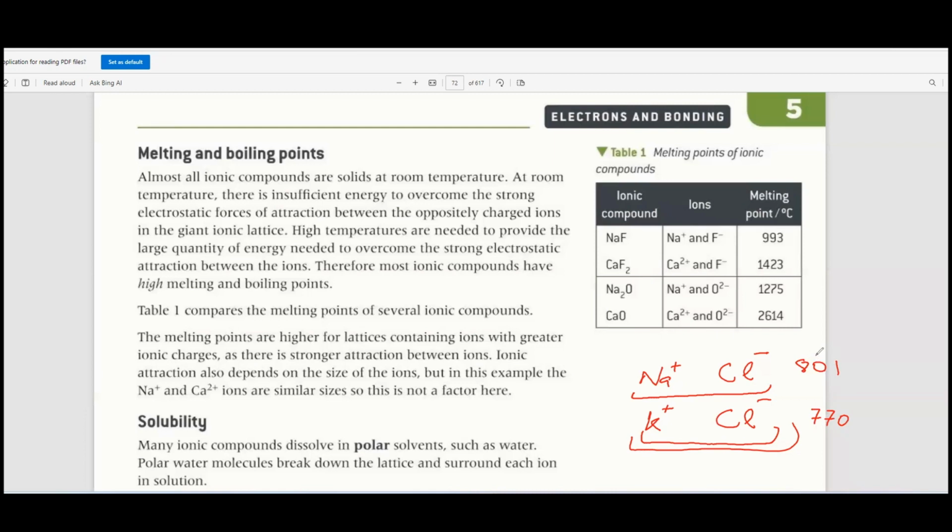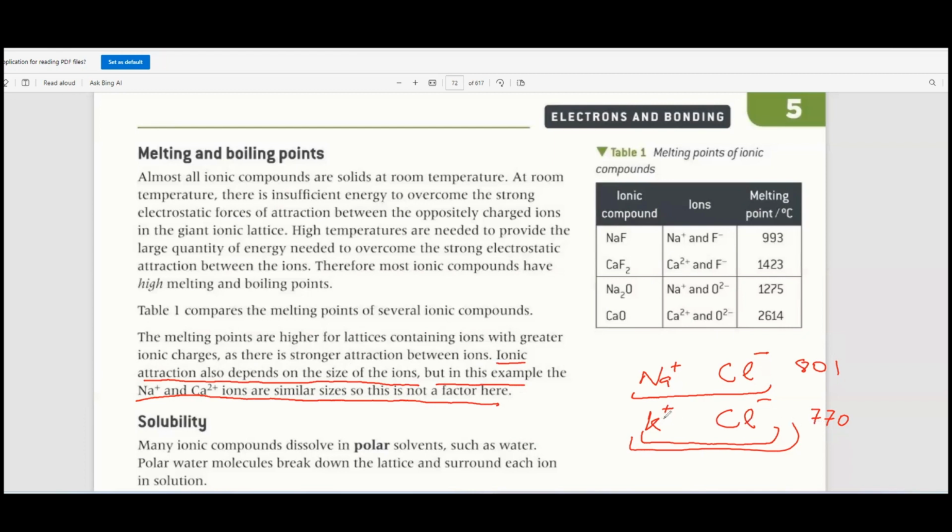If you see here, what they are saying is that ionic attraction also depends on the size of the ion. But in this example, the sodium positive and potassium positive ions are a similar size, so this is not a factor here. Potassium has a lower melting point.